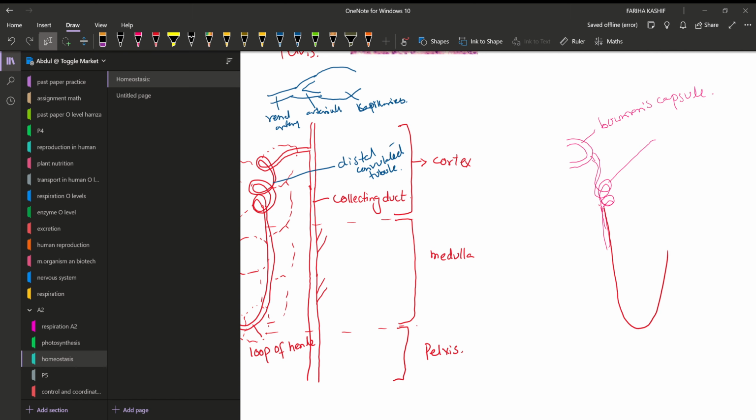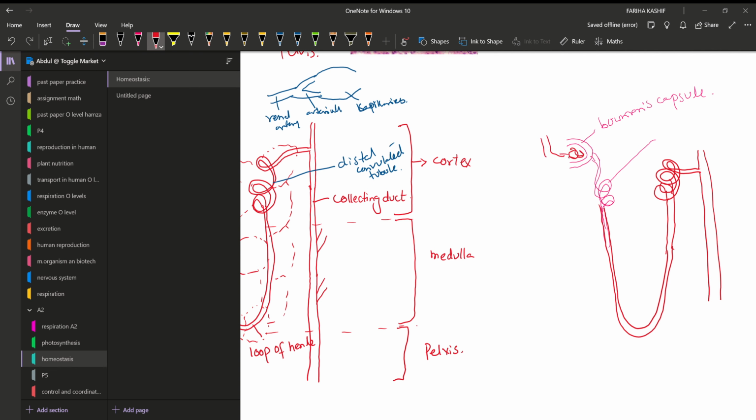Then it forms a U-shaped structure. What is this U-shaped structure? Loop of Henle. And then again this is called distal convoluted tubule, and then it opens in the collecting duct. Within the Bowman's capsule there lies a bunch of capillaries which is formed by the breakdown of the arteriole.